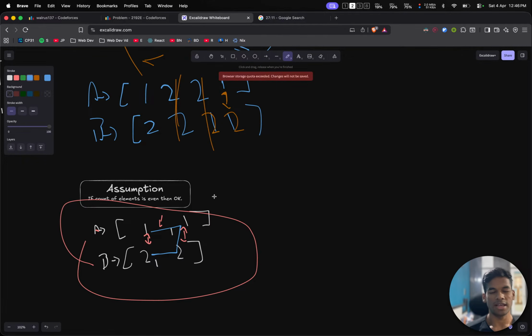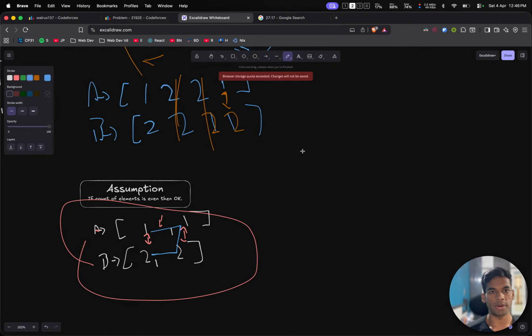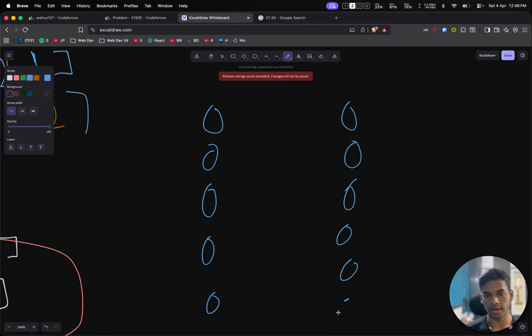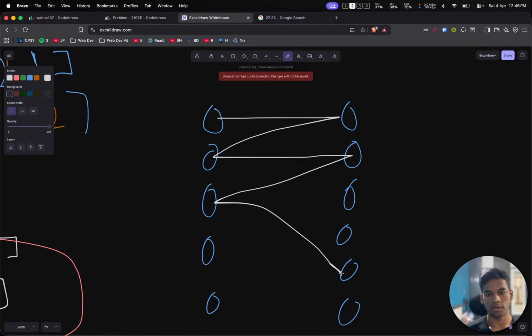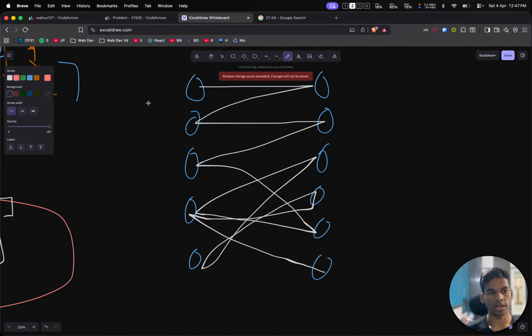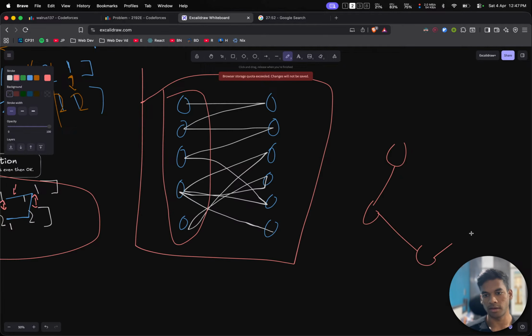Okay. I guess this should have been obvious that this is a bipartite graph problem. And bipartite graphs are graphs in which the connections are like this, somewhat like this. I messed this up a bit, but the point is that you can split the whole graph into two groups.